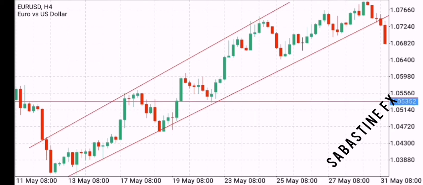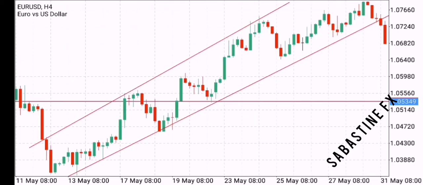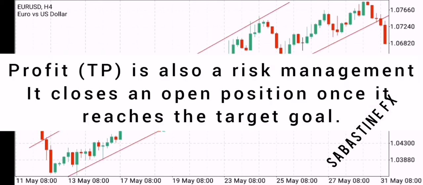So right now, let's talk about take profit. A take profit order is also a risk management tool, allowing a position to be closed automatically once it reaches a preset profit goal.